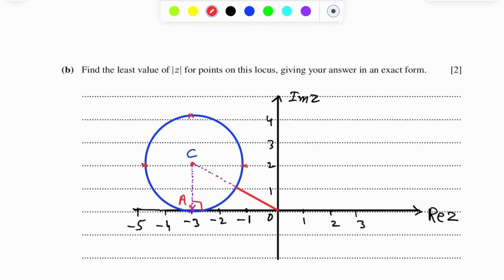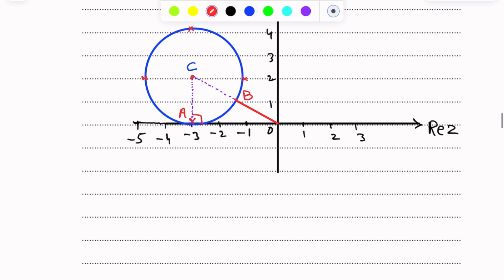Now OAC is a right angle triangle. Let this point be point B. We can use Pythagoras theorem.